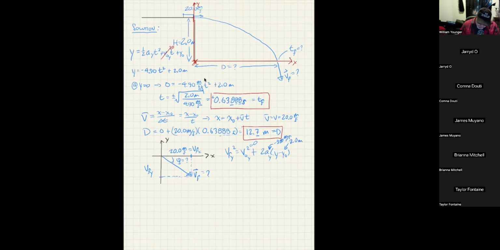So anyways, what we have is that the final velocity in the y direction is equal to, and here's the reason I started to say the plus or minus, 0 plus 2 times negative 9.80 meters per second every second times, now in this case, negative 2.0 meters. Okay, it was a little scary for a second there because we had a negative under the square root, but now you see that it fixed itself.